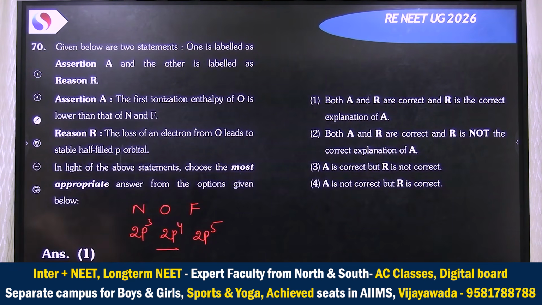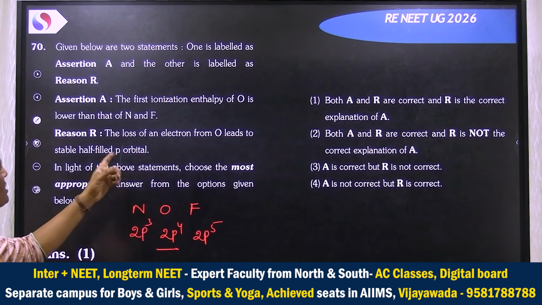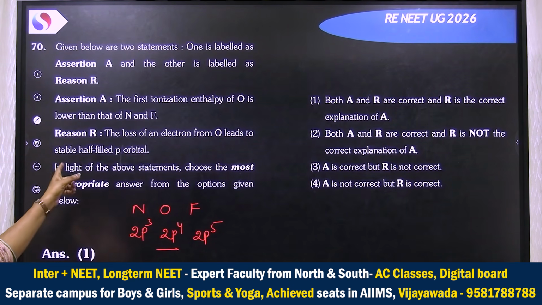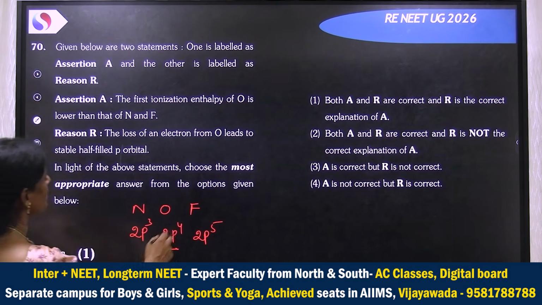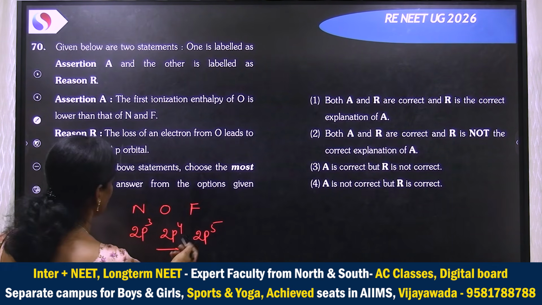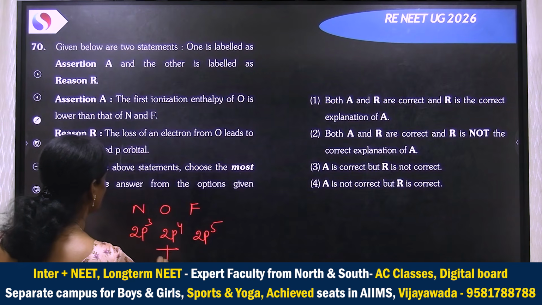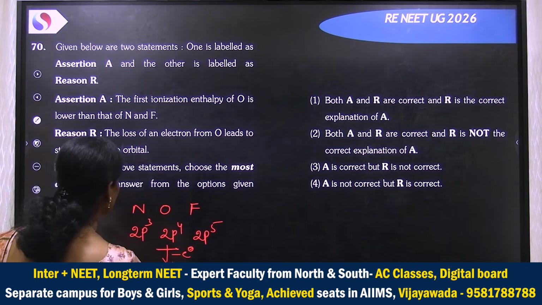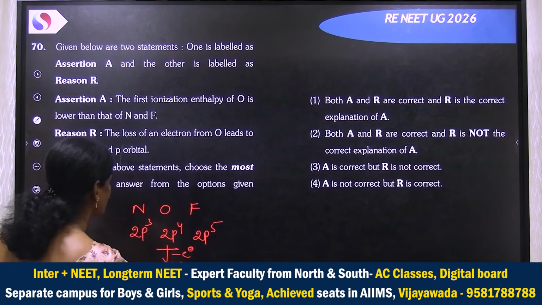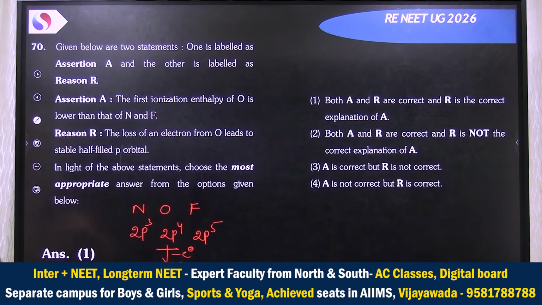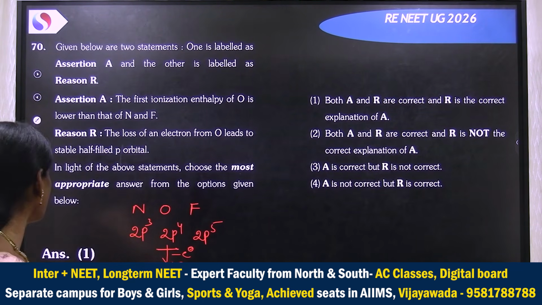That is the correct option. Coming to the reason: the loss of an electron from oxygen leads to a stable half-filled p orbital. The configuration of oxygen is 2p4. After losing one electron, the configuration becomes 2p3, which is a half-filled stable configuration.